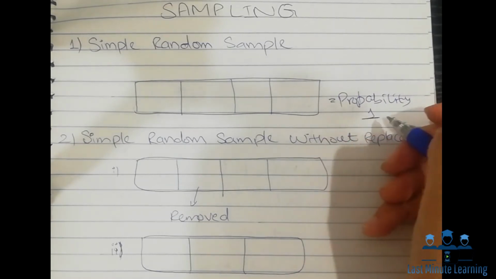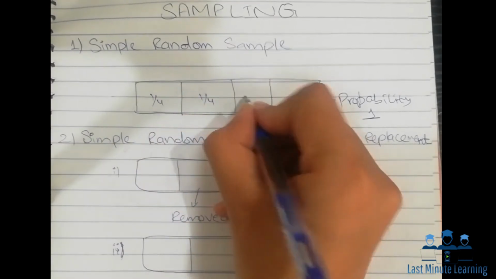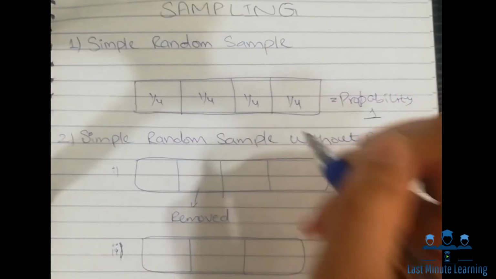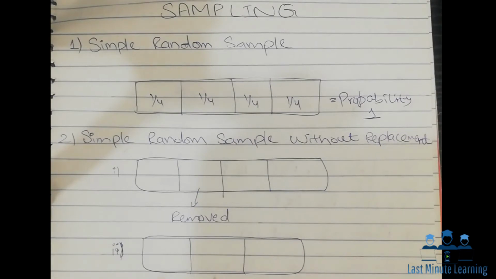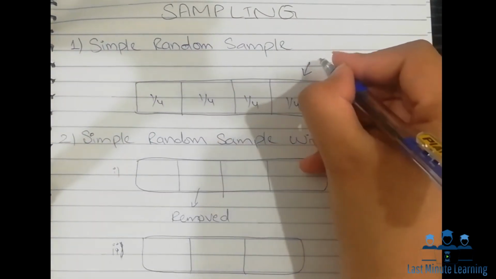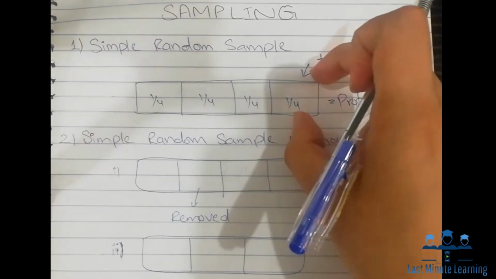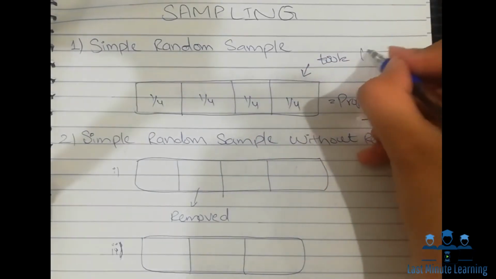According to this, each box is having probability of 1 by 4. Now, in this simple random sample, we just simply take a sample from this whole data. For example, we took this. We took this as a sample. This is our sample.